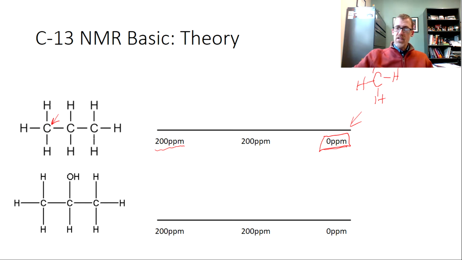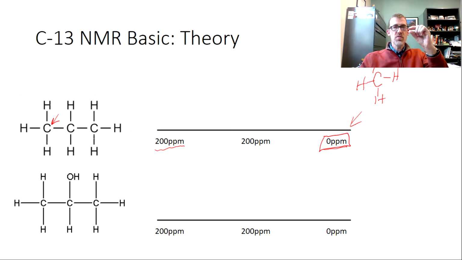Now, as we add other groups, so imagine an oxygen and then a hydrogen. So make this methanol. That oxygen is very electronegative, and so it pulls electron density away from the carbon.